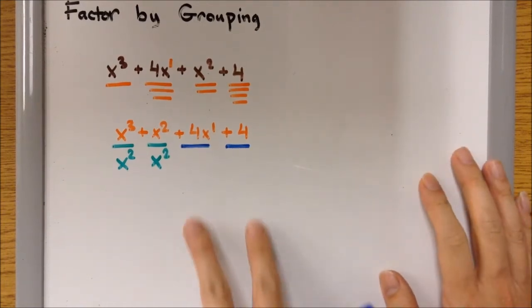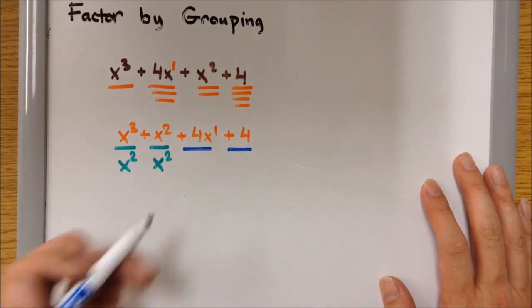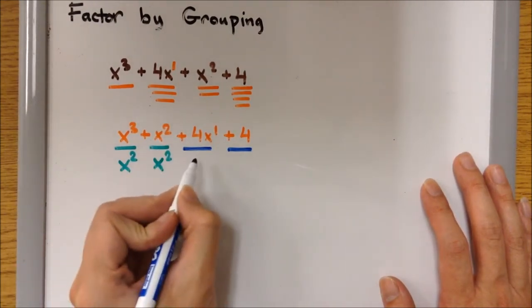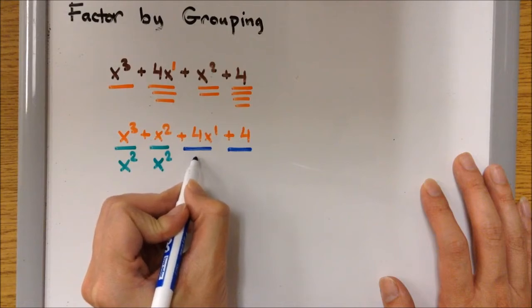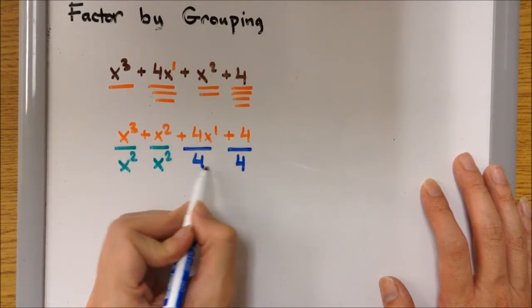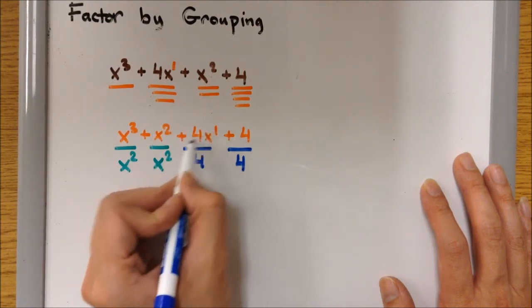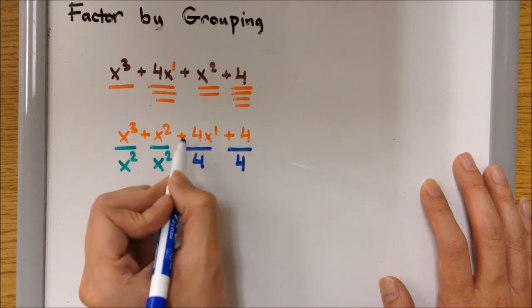So the only thing that's in common is they both have 4s, so we're going to factor out, also known as divide both terms by 4. And we're going to factor out a positive 4 because the first term of the right side is positive.